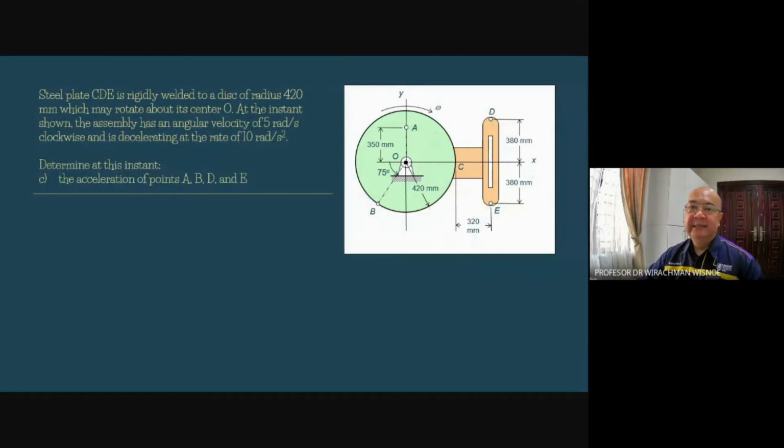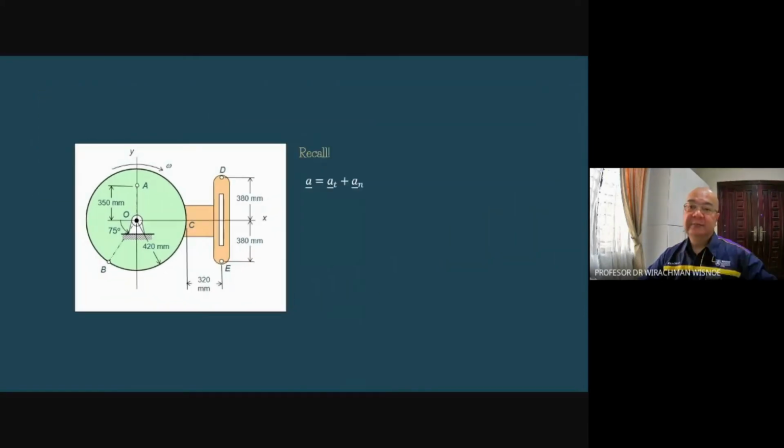Question C. If in question B we ask about the velocity, in question C we ask about the acceleration. It is easier to write in terms of tangential and normal because we have rotation. Normal is always towards the center of rotation.